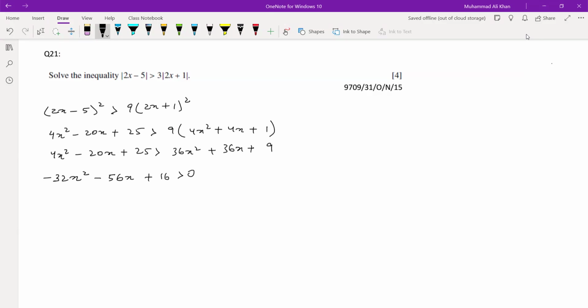Again, x squared को positive करना है. Multiply with minus 1. So 32x squared plus 56x minus 16 less than 0. What are the critical values?